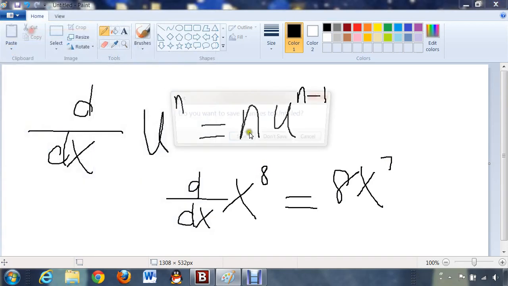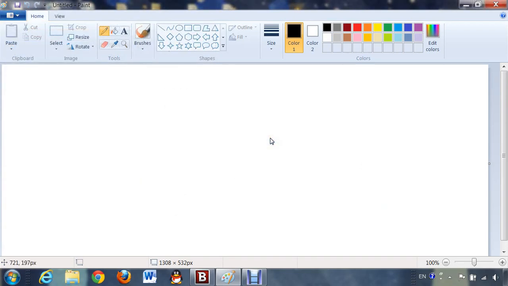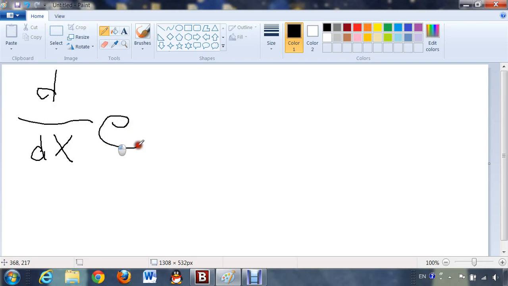The next rule: the derivative of e to a power, e to something. This power is something we don't know. It can be x, 2x, 3x. That's why I call it something, because we don't know what it is.